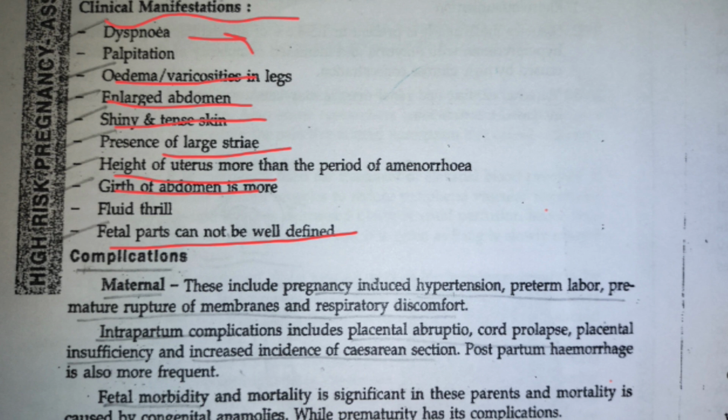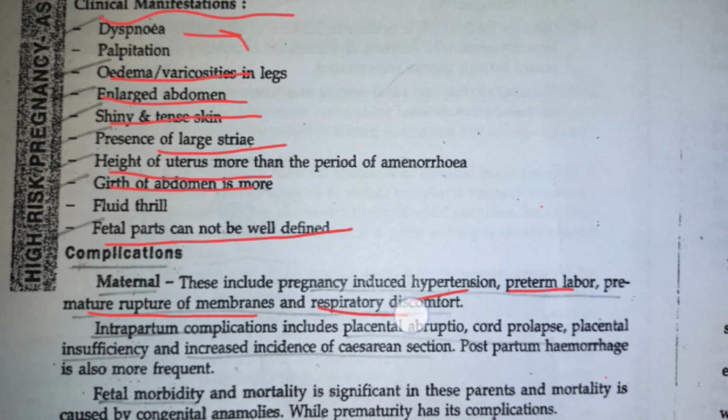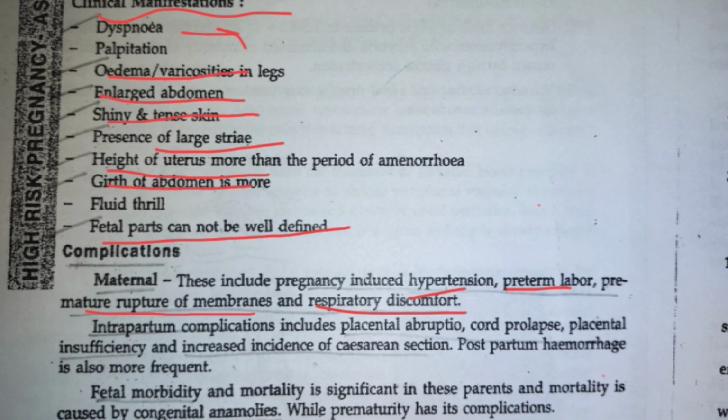What are the complications? What are the problems related to polyhydramnios? If the mother has polyhydramnios, then it can lead to hypertension, premature labor, premature rupture of membrane, respiratory discomfort. These are seen in the mother.